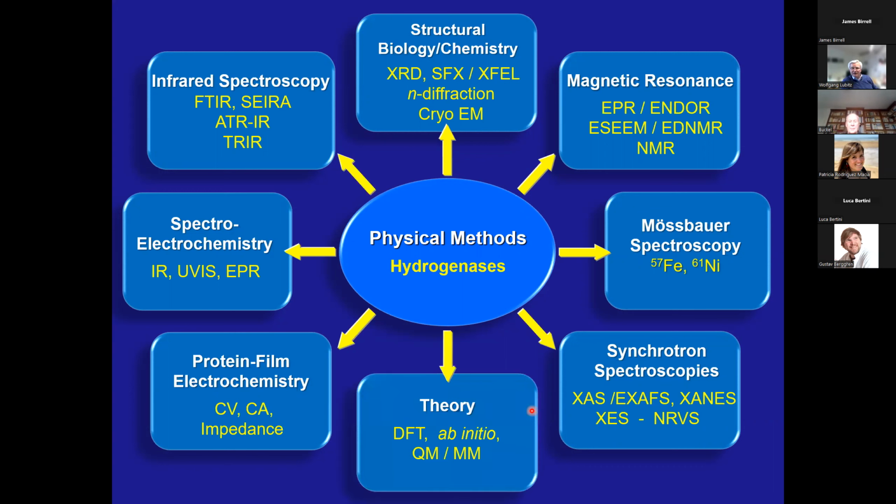And all that is backed up by theoretical calculations on different levels. Density functional theory was very helpful, and also ab initio methods, QM/MM, and so on. So there's no way to talk about all that in 30 minutes. So I will focus on the structural methods, on magnetic resonance, and a little bit talk about theory.